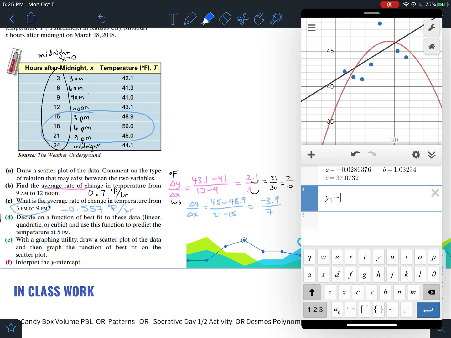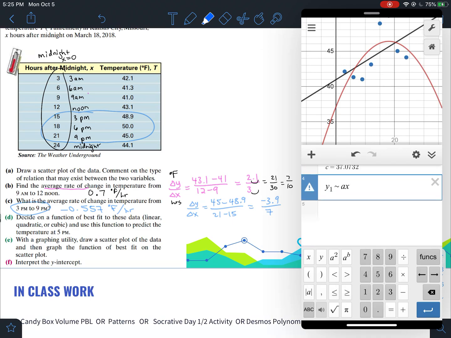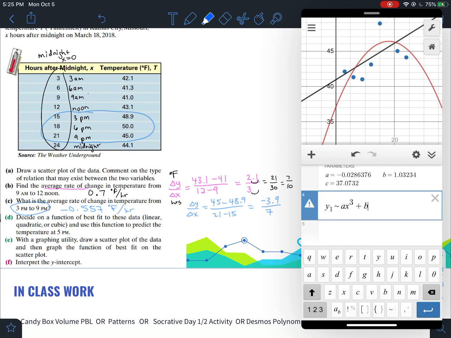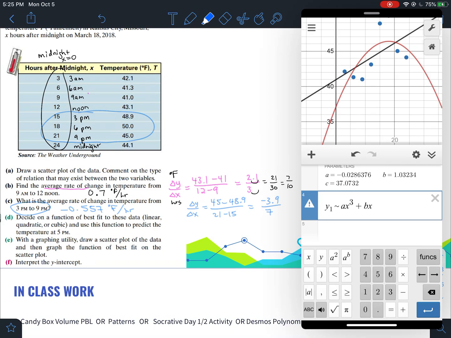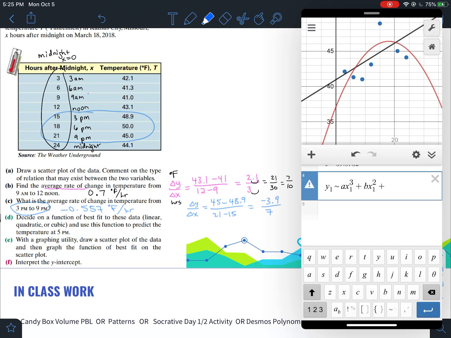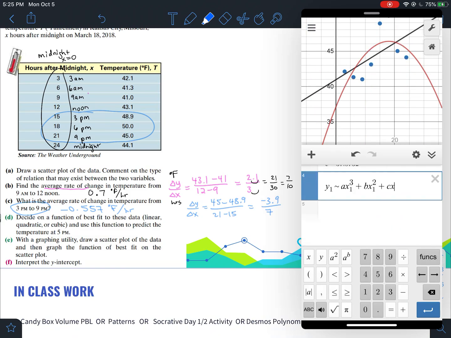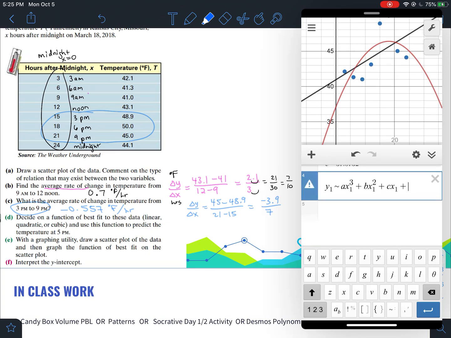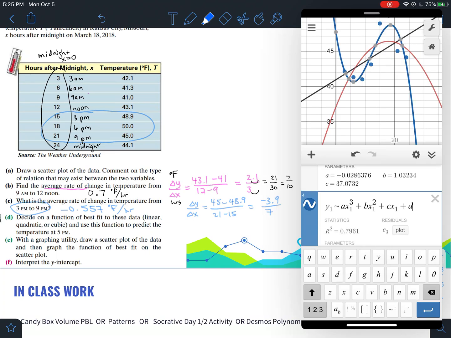So let's hope that the cubic looks the best: y1 is approximately ax1 cubed plus bx1 squared plus cx1 plus d.